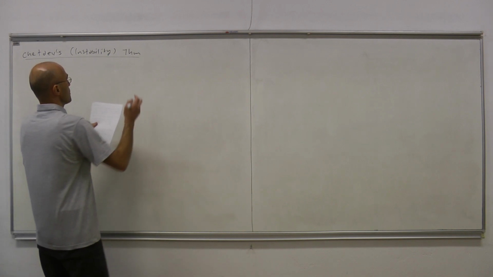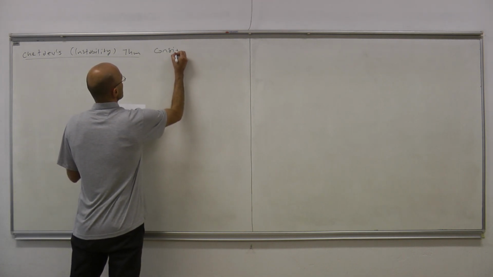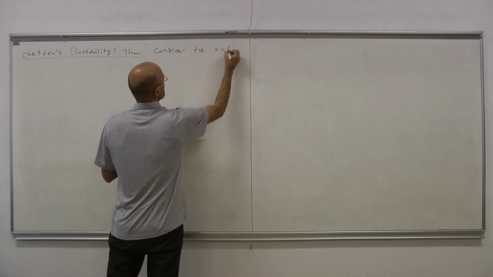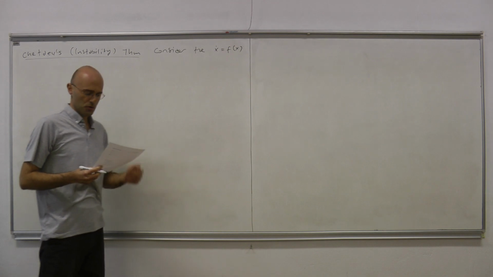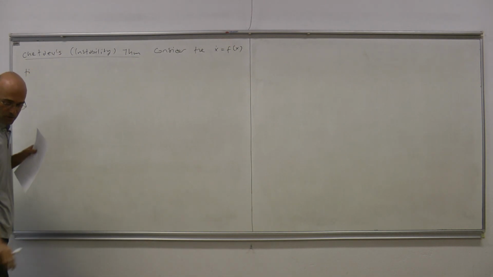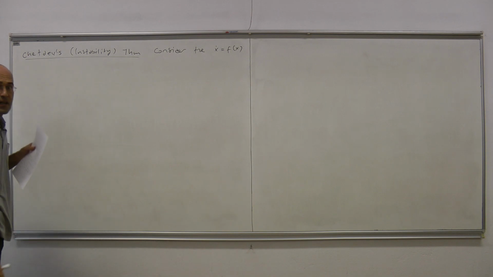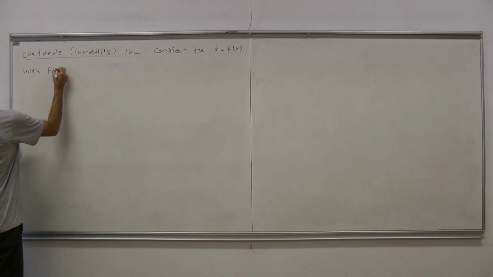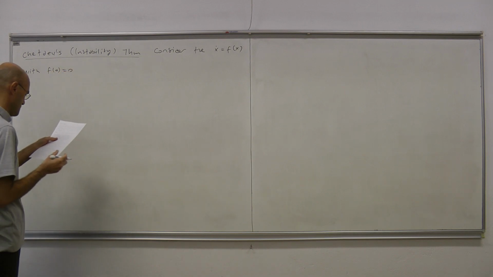Okay. So, consider the autonomous system x dot equals f of x, with the origin being an equilibrium point, with f of 0 being 0.